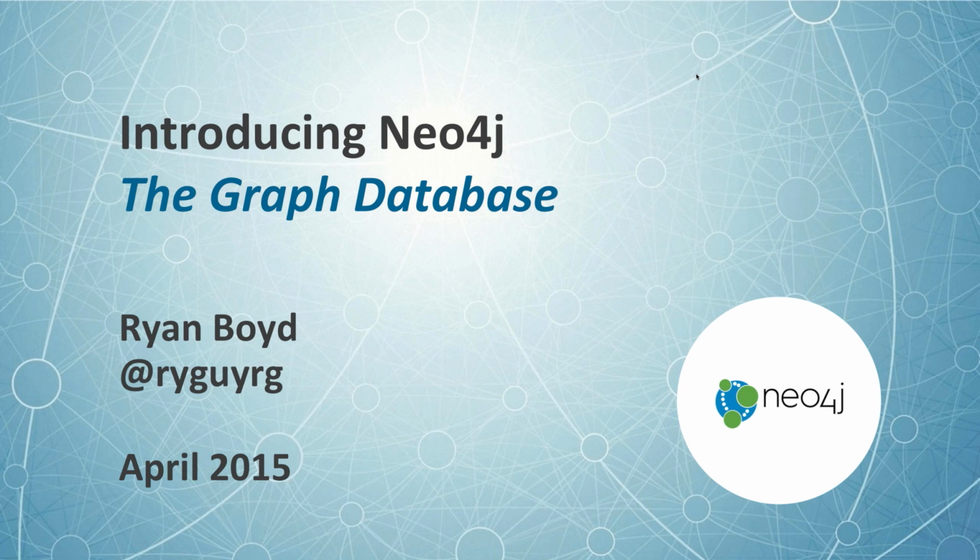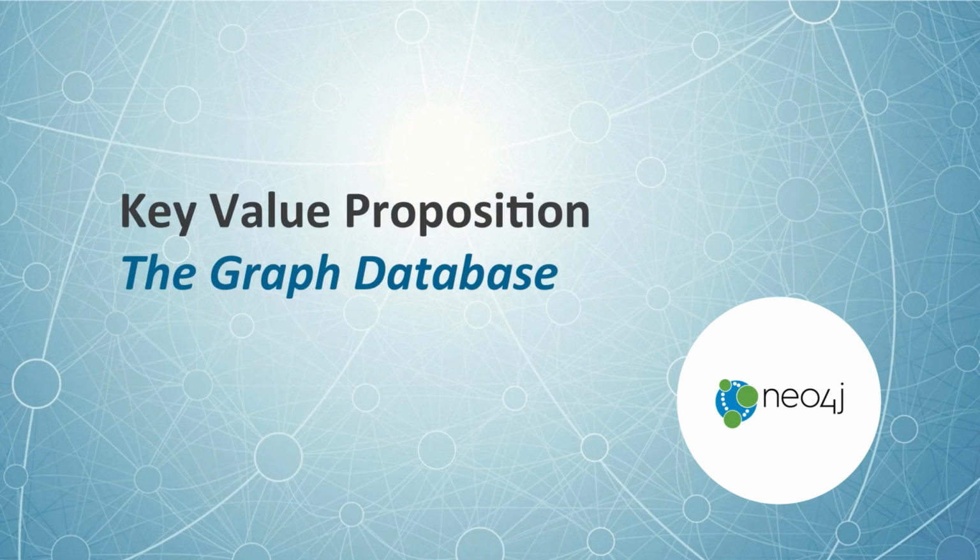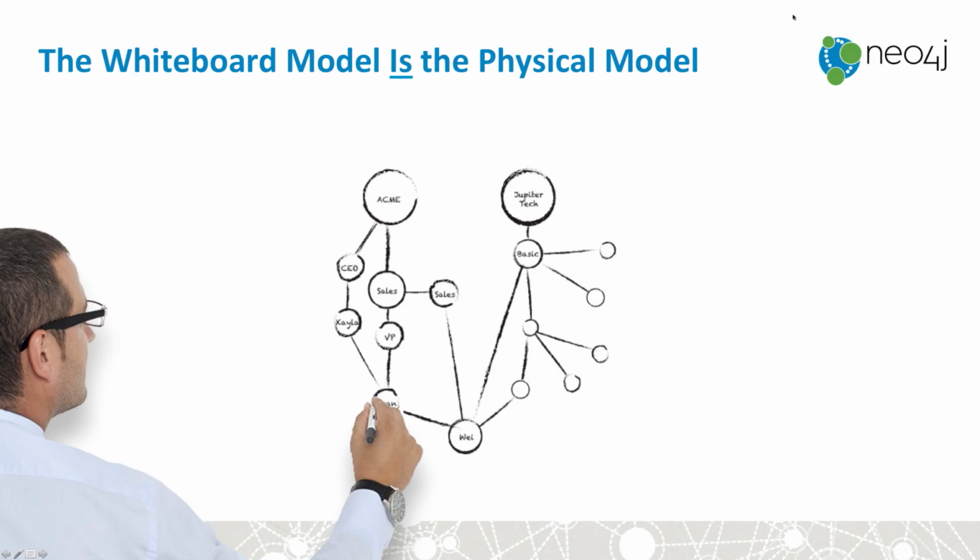Let's talk about graph databases. The key value proposition of graph databases is typically thought of as performance and developer ease of use when dealing with data relationships. This is, of course, true, but there's a value proposition that resonates much more strongly with me personally, and that is the idea that the whiteboard model is the physical model.